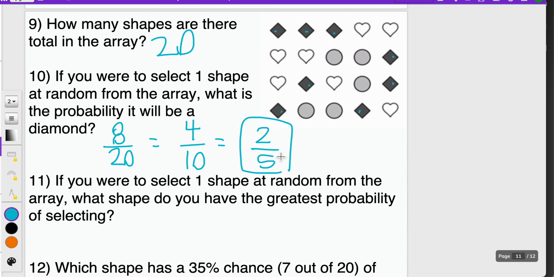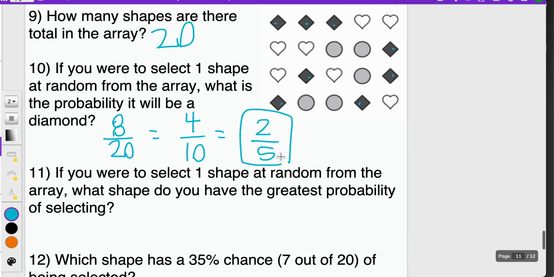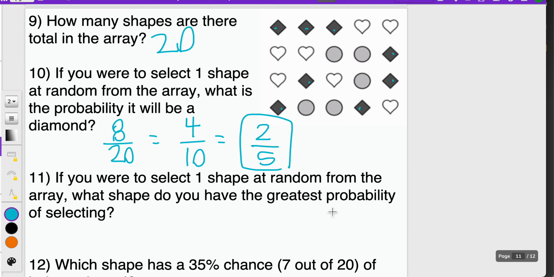Okay? If you were to select one shape at random from the array, what shape do you have the greatest probability? Well, we know I have diamonds at 8. I have 1, 2, 3, 4, 5, 6, 7 hearts. And then 1, 2, 3, 4, 5 circles. So diamond is still the highest probability.